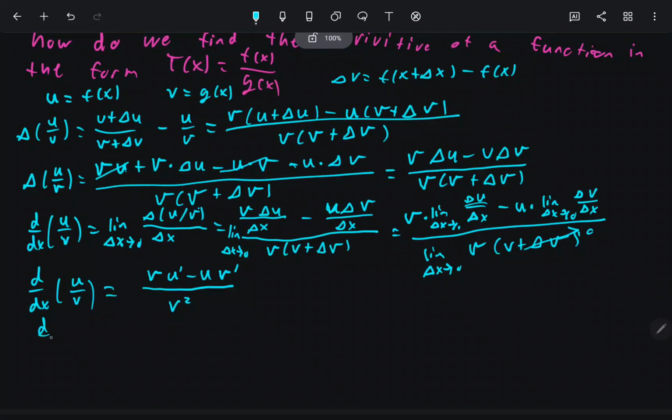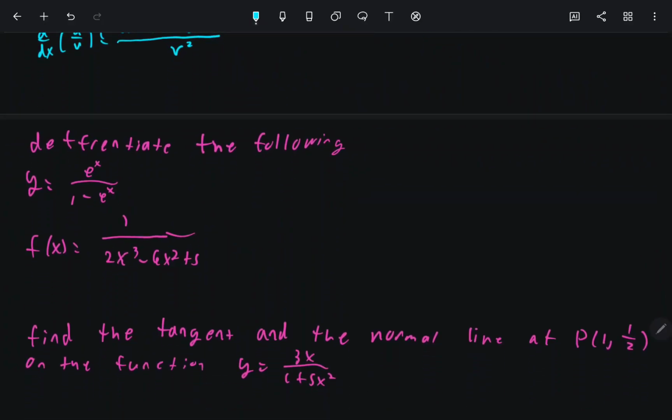So I will normally state the quotient rule, u divided by v, is equal to u prime times v minus, because it's the derivative of the first times the second, minus the first times the derivative of the second. And in the end, for me, this is just a bit easier way to remember it, as it is quite literally the same as the product rule, except it's over v and minus.